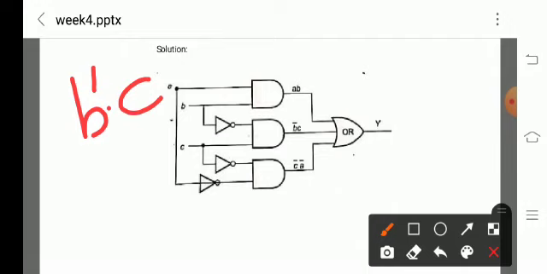B dash is multiplied with C. Multiply means AND gate. Dash means NOT gate. So B is here.